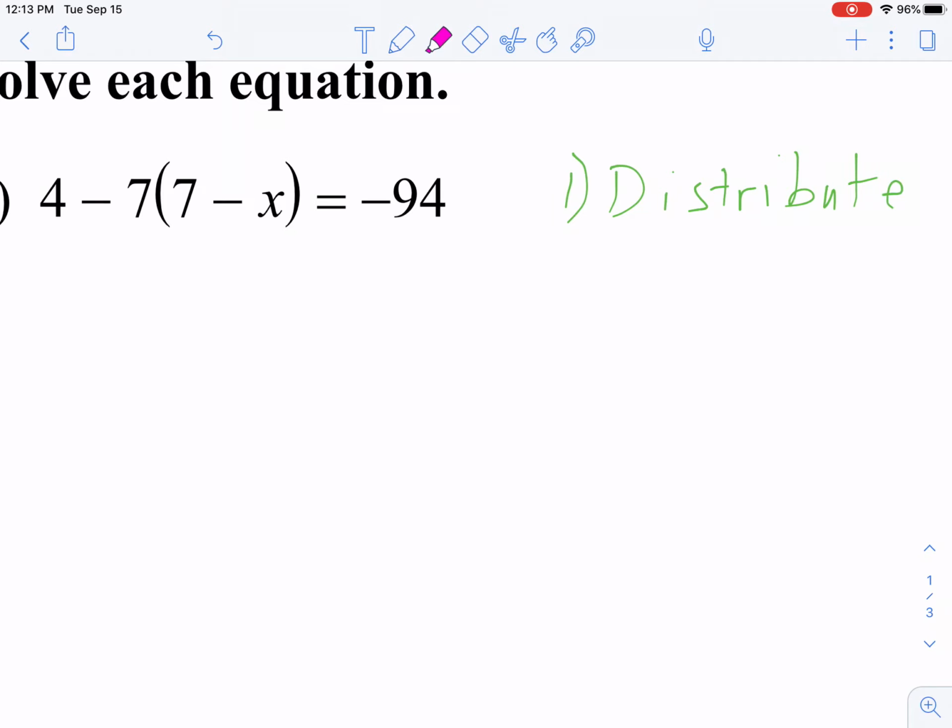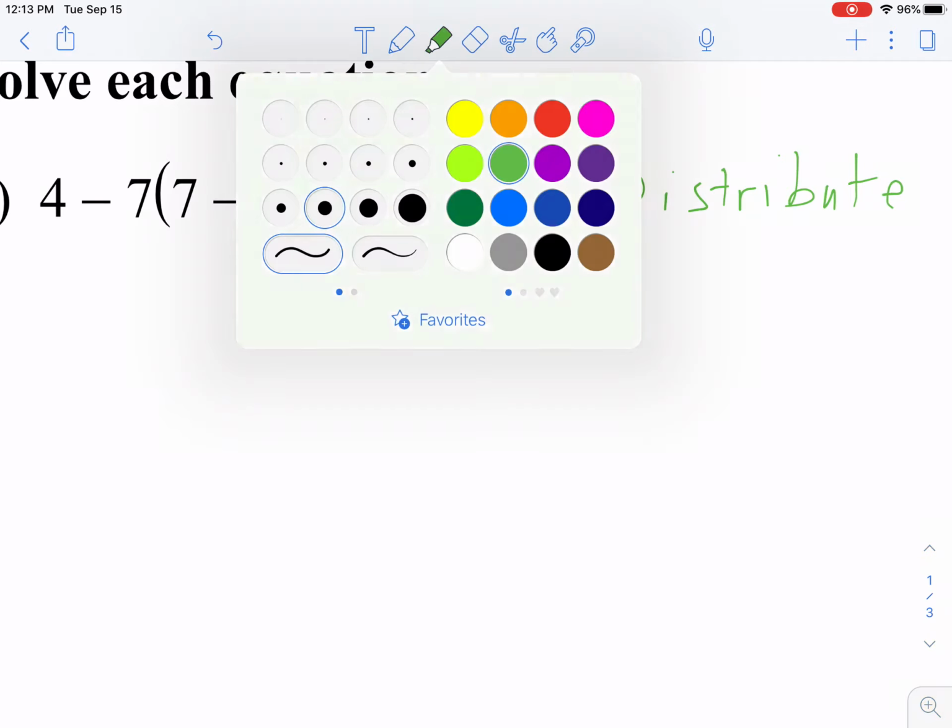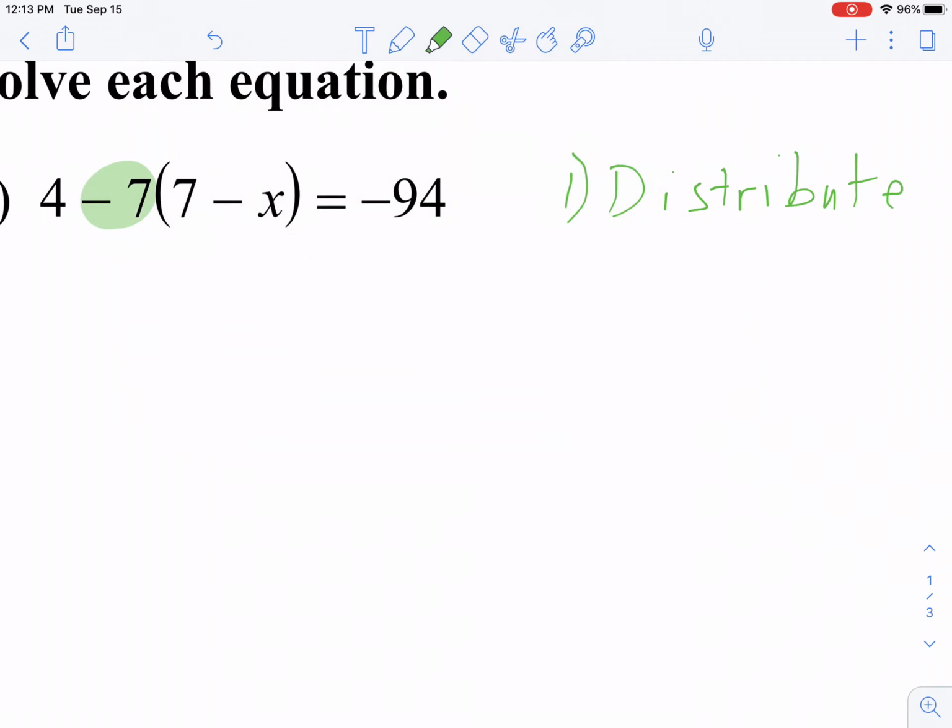And so what that means is we're going to take this negative 7 and we're going to distribute that to the numbers inside. Don't forget there's a 1 right there in front of that x. So 4 is just going to drop down. Negative 7 times 7 is negative 49.